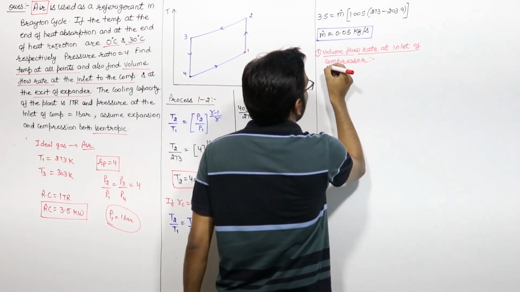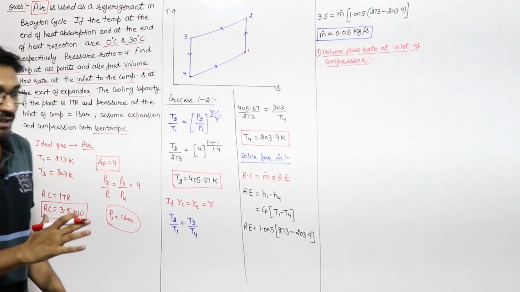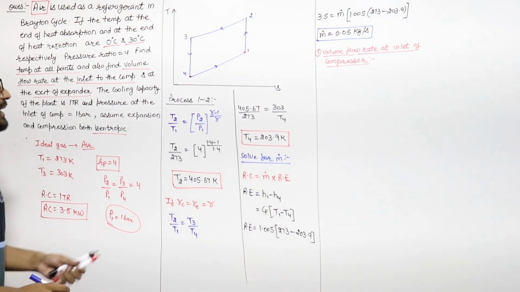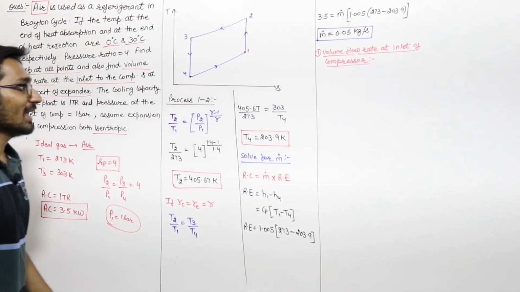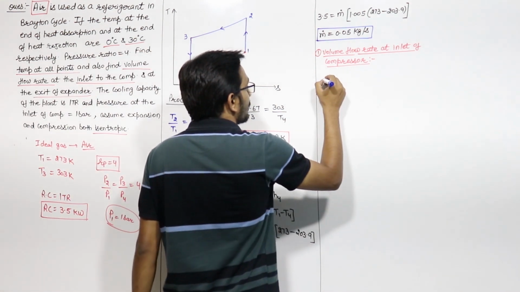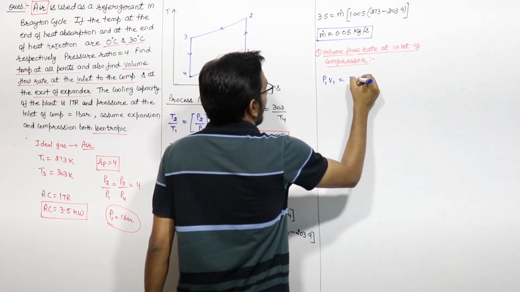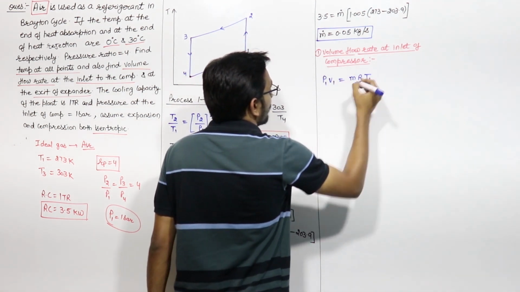Air can be treated as an ideal gas. There is no other way to find volume flow rate, because we need to use the ideal gas equation, and since air is mentioned, we can take it as an ideal gas. So the ideal gas equation is P1 V1 is equal to m R T1.